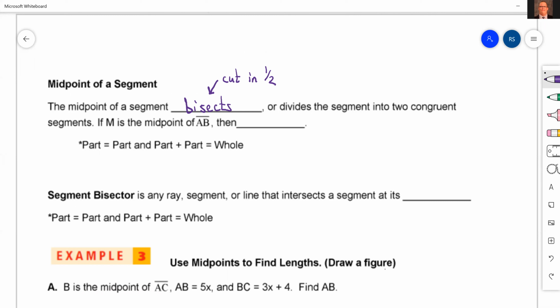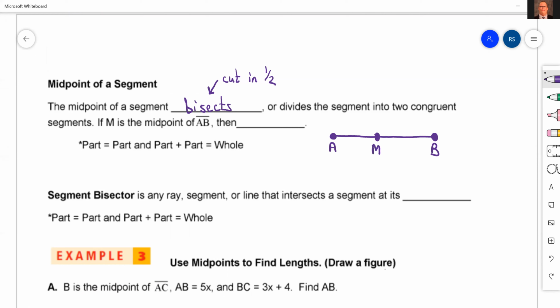If M is the midpoint of segment AB, let's draw that right quick. So I'm going to draw AB. There's A, there's B. M is exactly in the middle here.